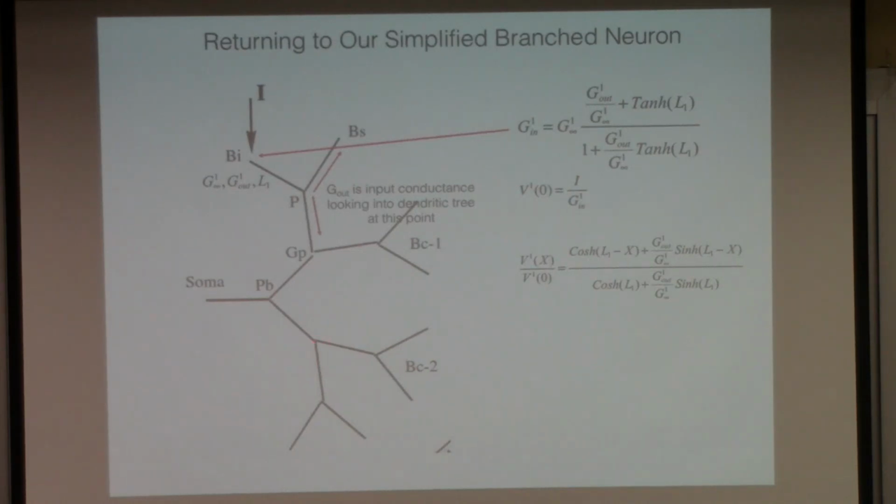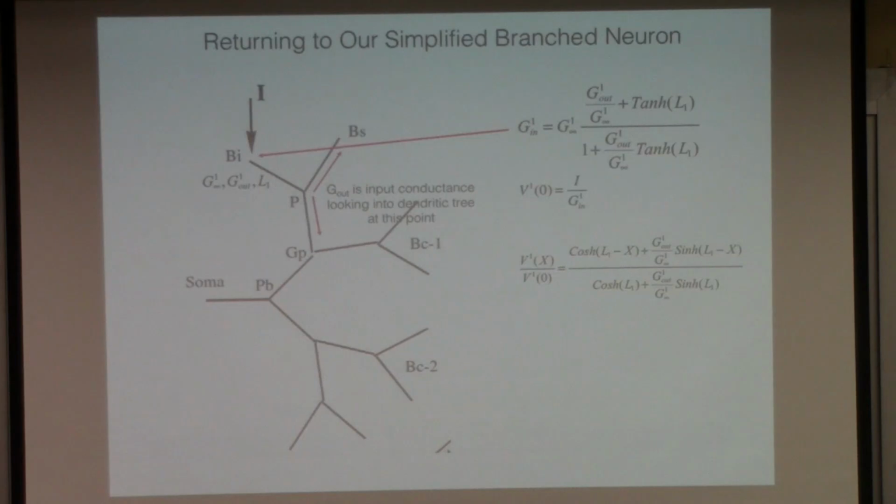Then you march over here and you say, what's the input conductance of this cable when it's terminated with these two structures? Well, this input conductance plus this input conductance is what we've called the terminating output conductance on this cable, right? So now you know how to get the conductance looking into this branch when it's terminated by these branches.